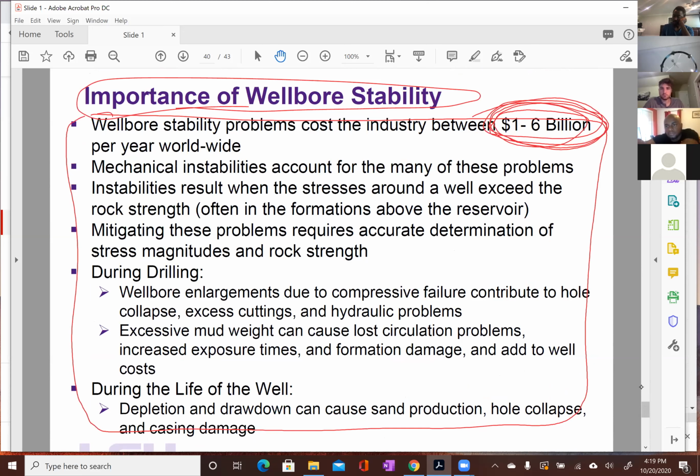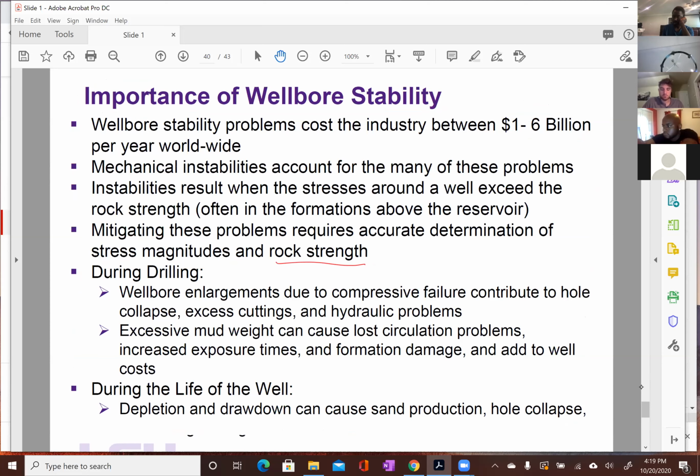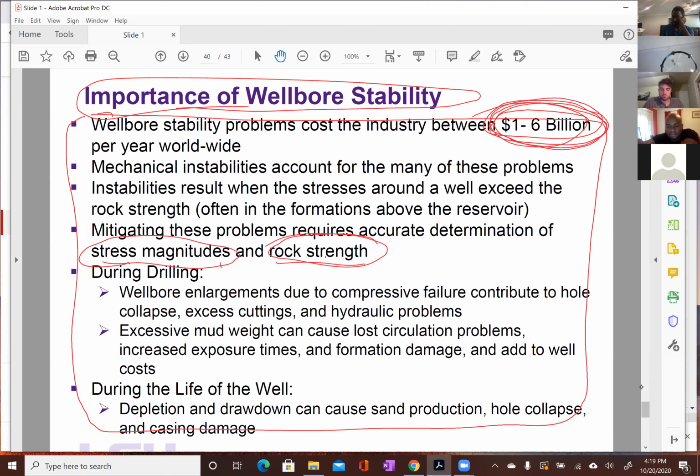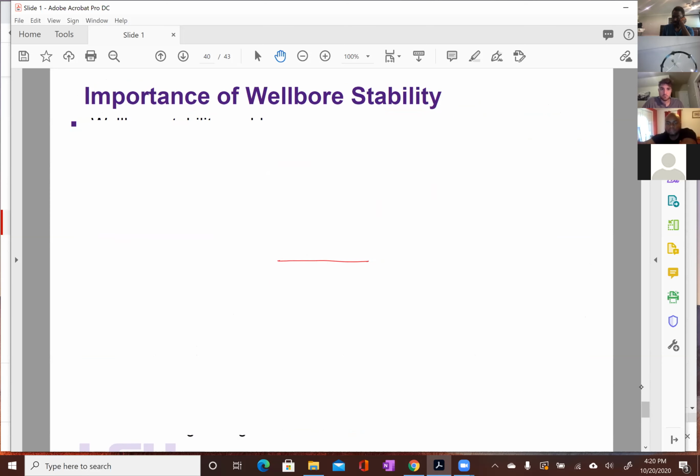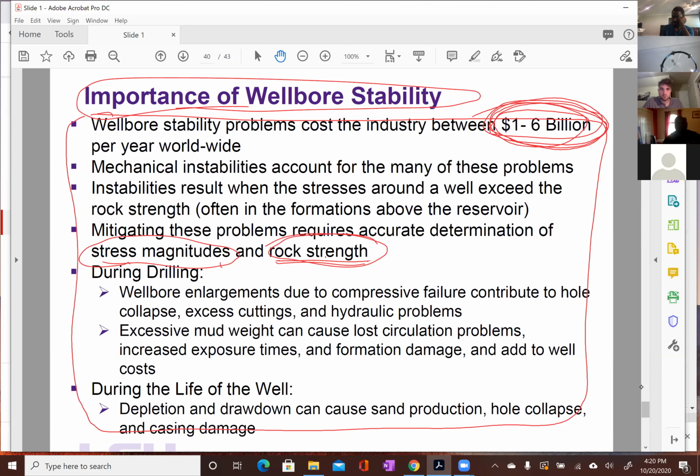So mechanical earth modeling will give you enough data to assess the stresses vis-a-vis the rock strength, because that's what drives this whole process. It's always stress magnitudes vis-a-vis rock strength. And we already know there are different types of rock strength. There is the compressive rock strength, which when your compressive stresses exceed that, you form breakouts.